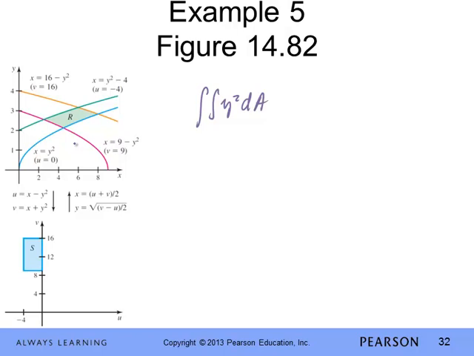Here you've got x equals 16 minus y squared for the yellow. For the green one, that's x equals y squared minus 4. And the blue, you got x equals y squared. And the purple there, you got x equals 9 minus y squared.